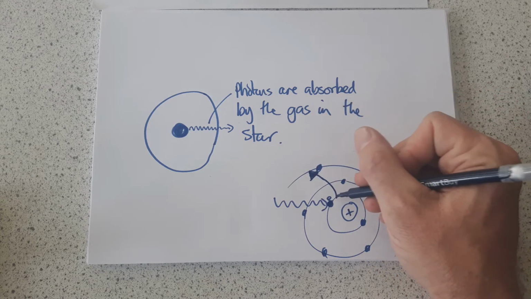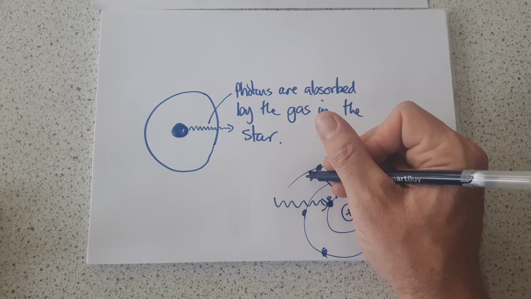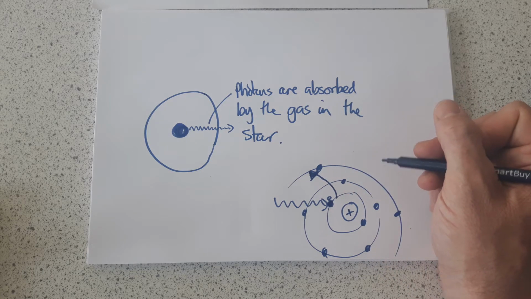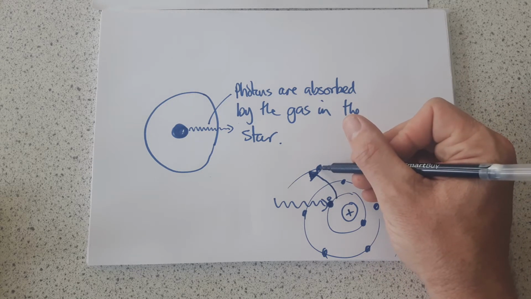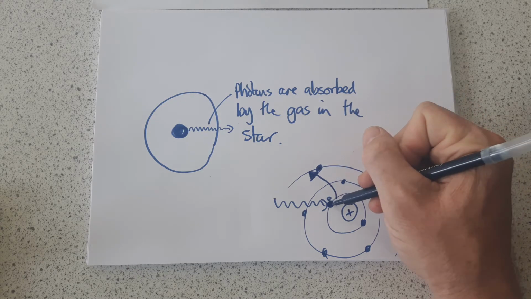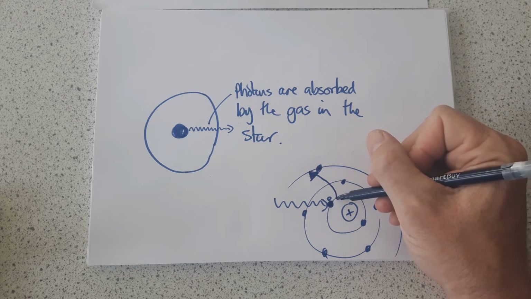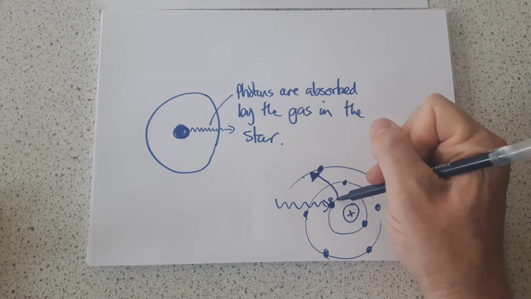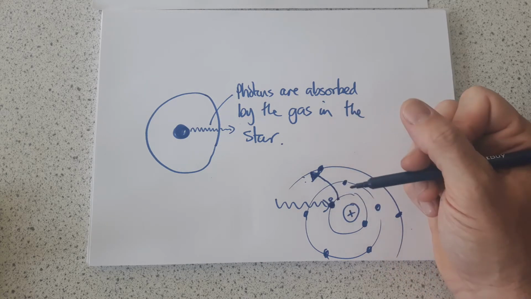In this case, the higher energy state is represented by an orbit that's further away from the nucleus. So you can think of electrons in this orbit as having more energy than these. If just the right amount of energy to jump that gap comes along, then that electron can jump up.